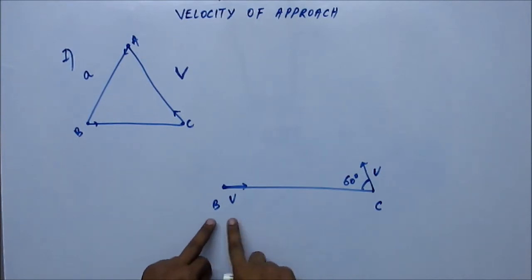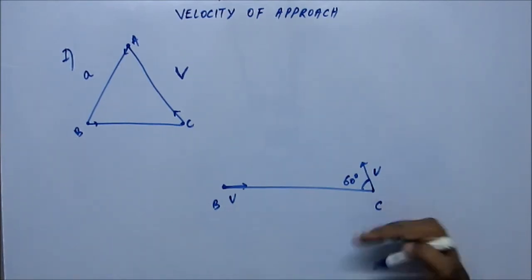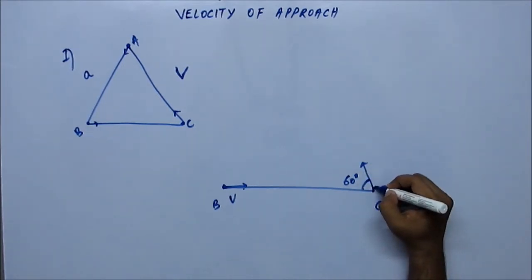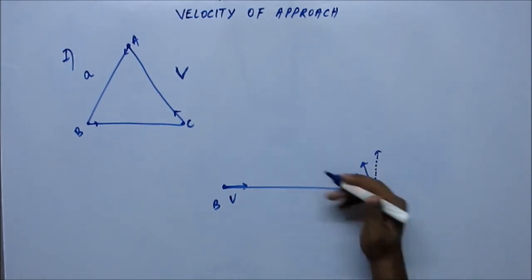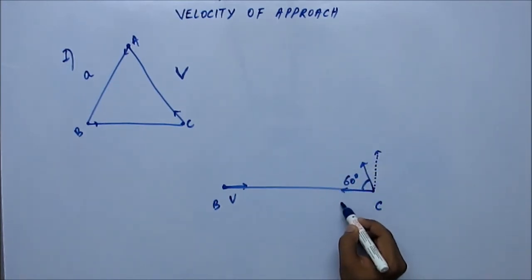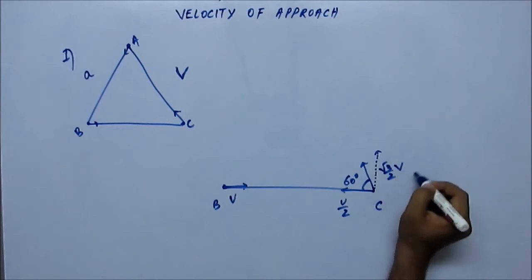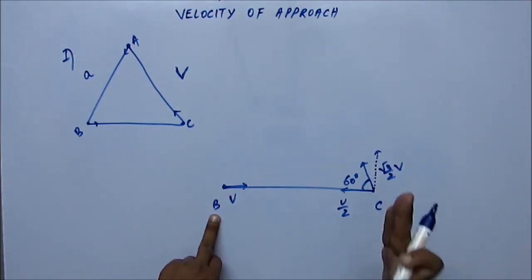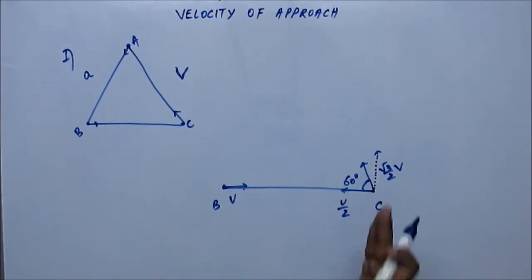Now B is moving towards C with a velocity of V, and if you break C's velocity into components, it will be V cos 60 along this line, that is V by 2, and V sin 60 along the perpendicular line, root 3 by 2 V. Now this root 3 by 2 V has nothing to do with approaching B, because it is perpendicular to the line, and two vectors, if they are perpendicular, are independent of each other.